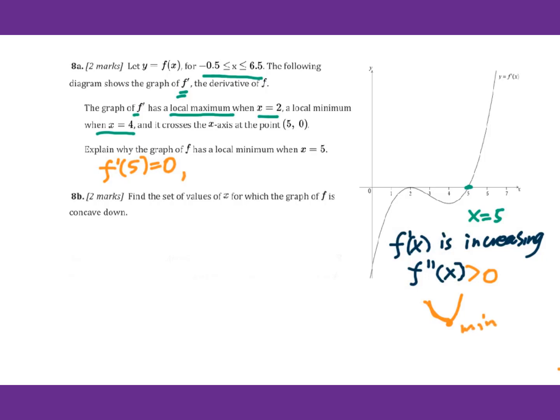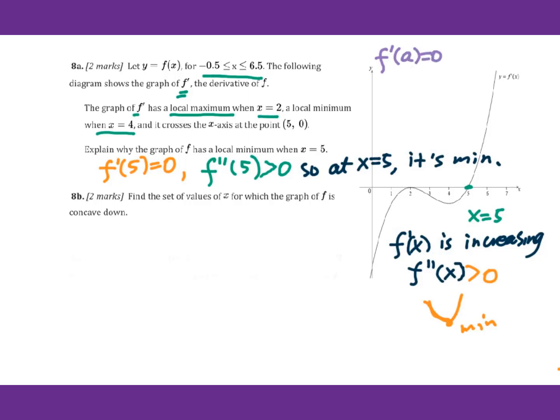So we can write down f prime of 5 equals 0 and the second derivative at 5 greater than 0. So at x equals 5, it's a minimum point. Just remember that if f prime of a equals 0, then f double prime of a greater than 0 means a minimum point.